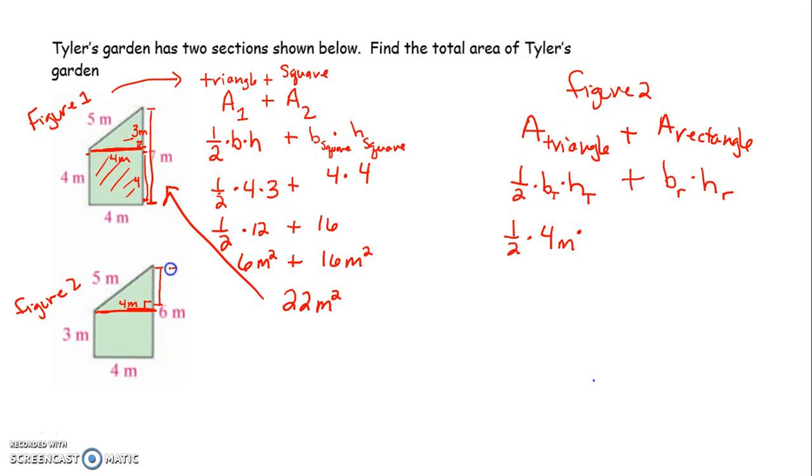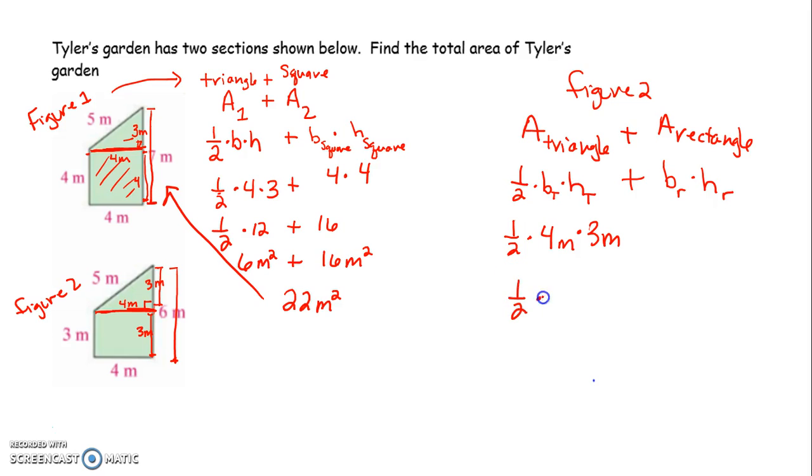So if I know the entire length is 6 meters, I can slide this over. The bottom length here is 3 meters, 3 and 3 more. 3 plus 3 gets me to 6. So the height of my triangle must be 3 meters.